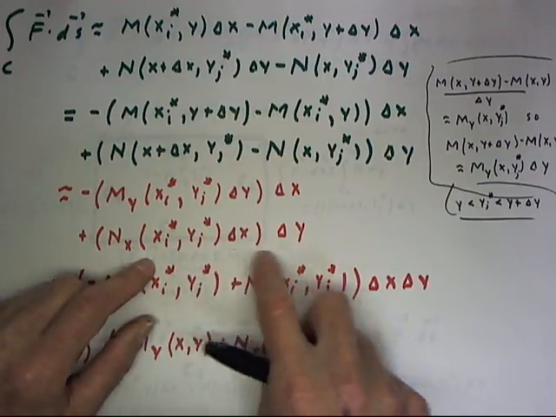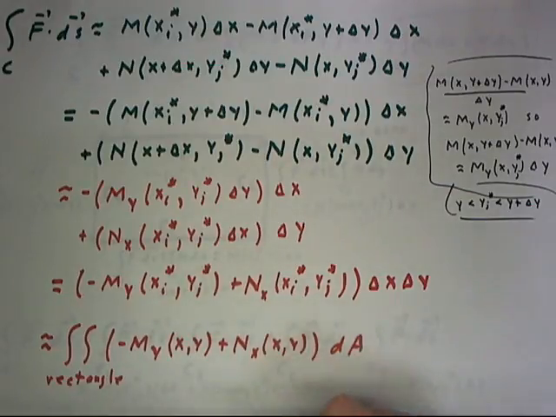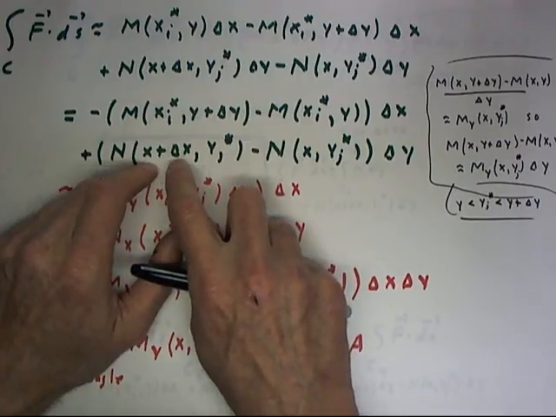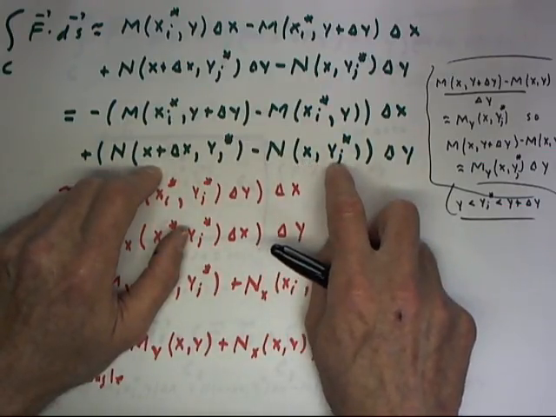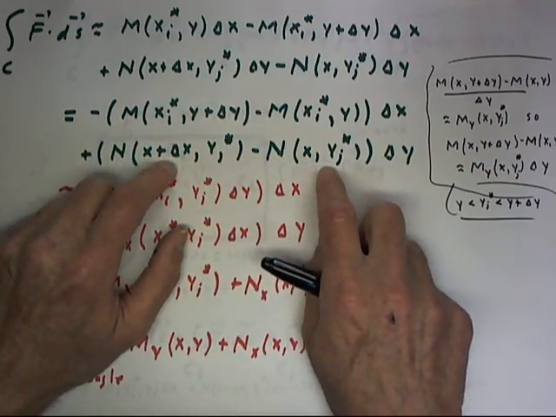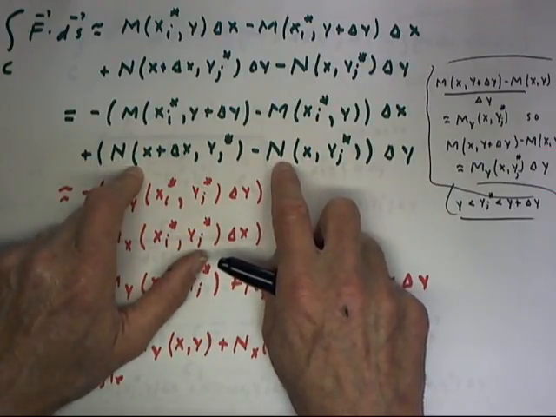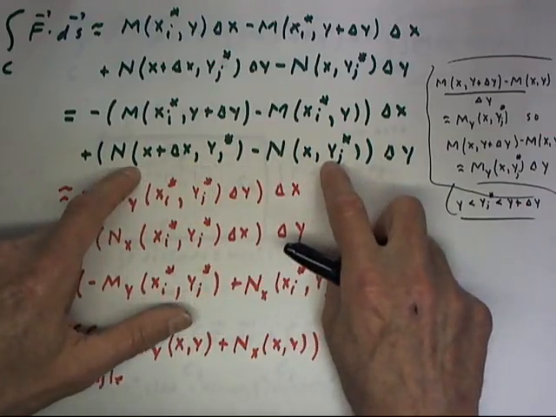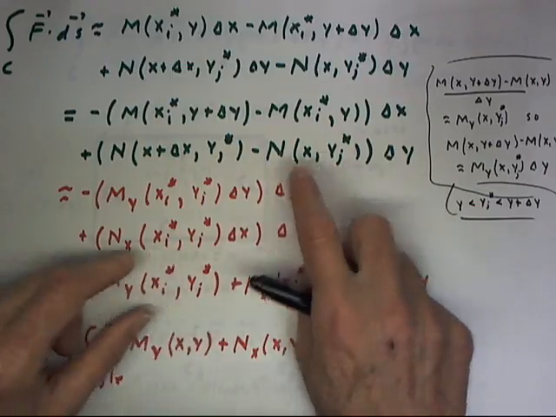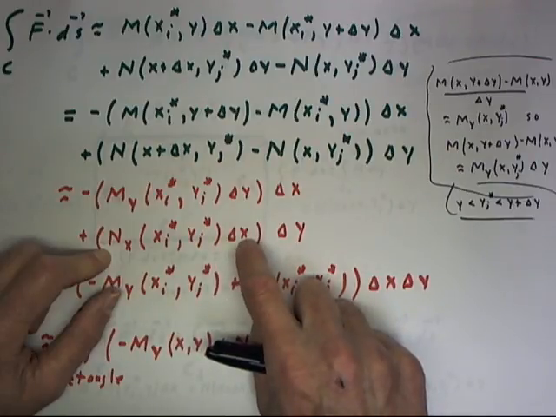Now we can make an analogous argument with the n function. If we subtract n of x, yj star from n of x plus delta x, yj star and divide that by delta x, then we have our x derivative of n, n_x, so that this difference is approximately equal to the representative value of n_x, being the rate of change of n with respect to x, multiplied by the delta x.